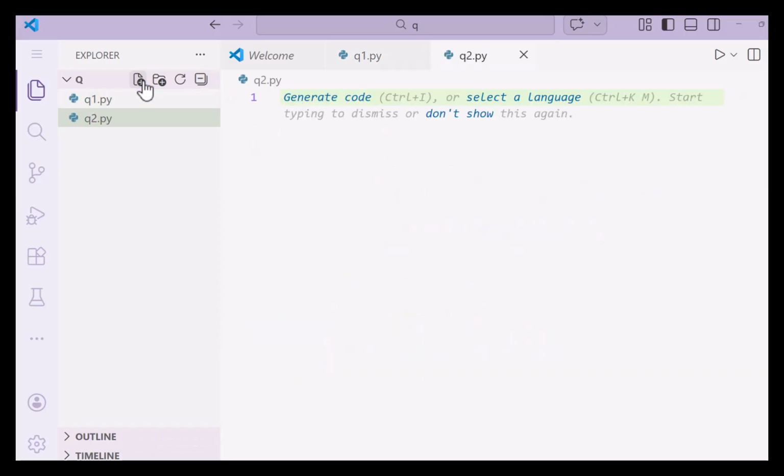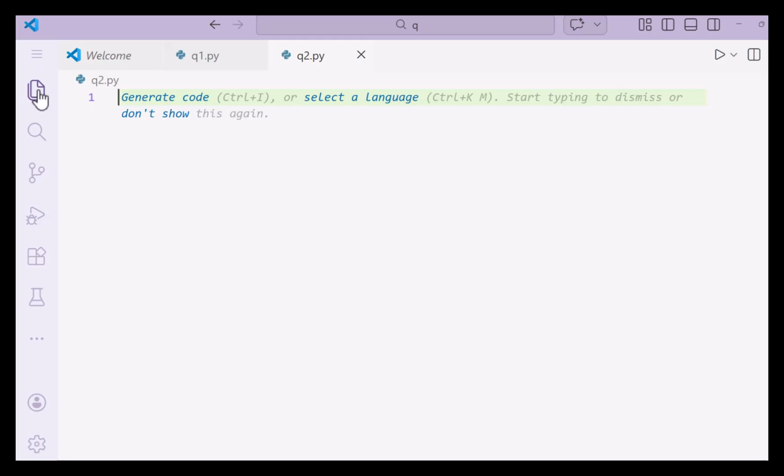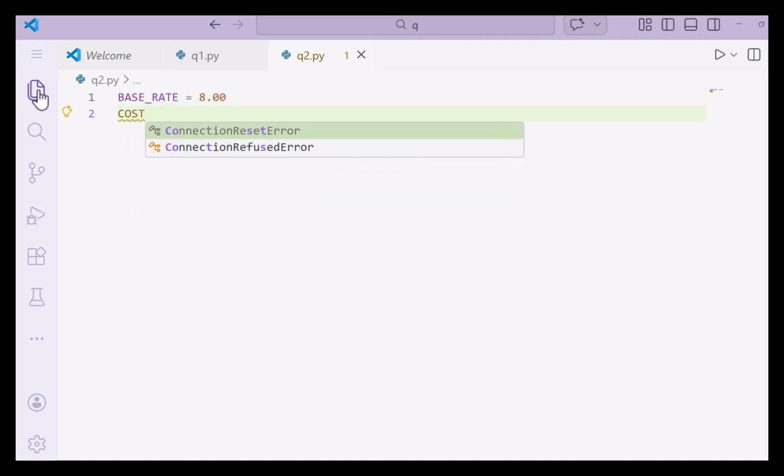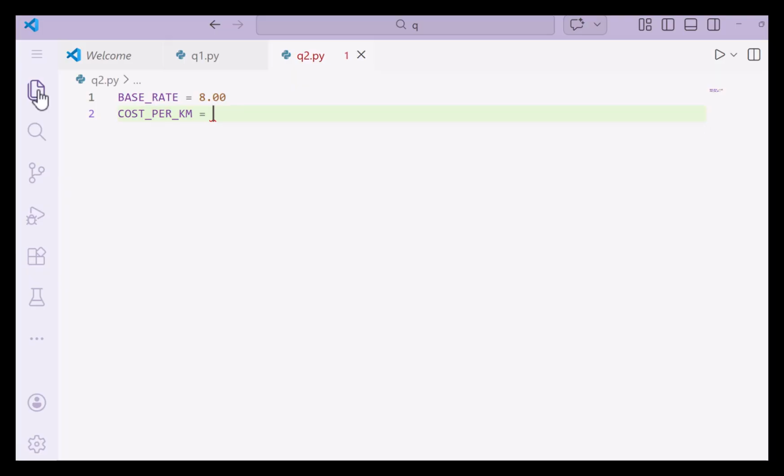Here is our code. We can start by defining the constants. Let us say base rate is 8 riyals and cost per kilometer is equal to 60 dirhams.